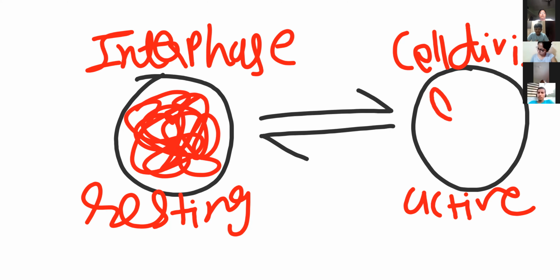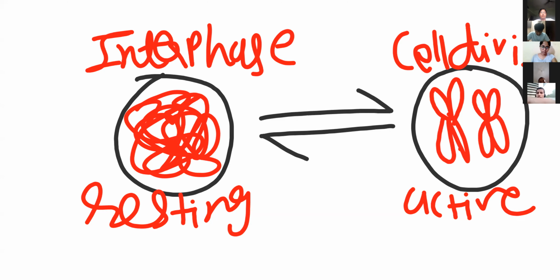But in cell division, you must have heard of prophase, metaphase, anaphase. During cell division, this thread-like structure of chromatin converts into this condensed form, the chromosome.